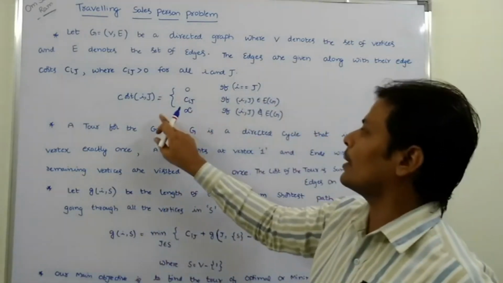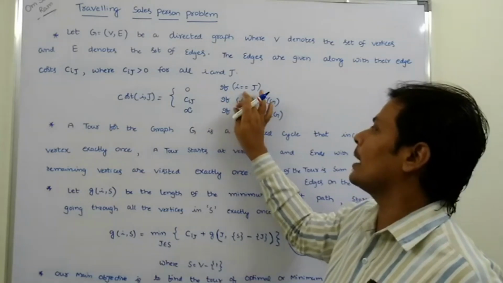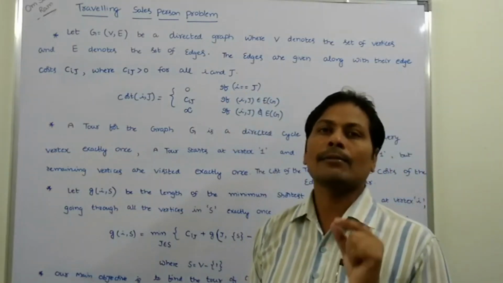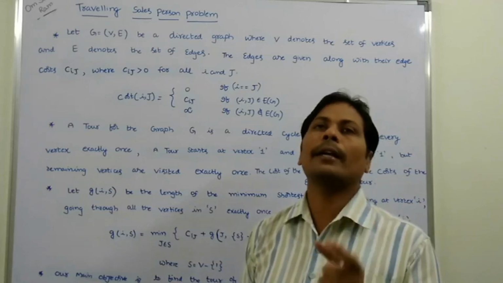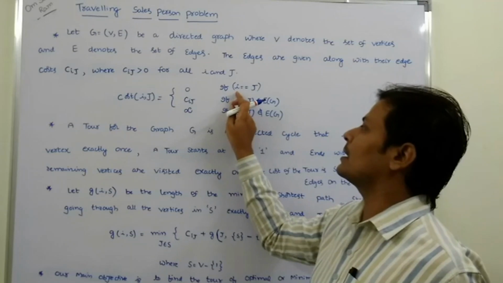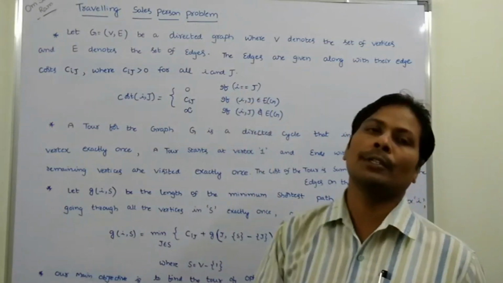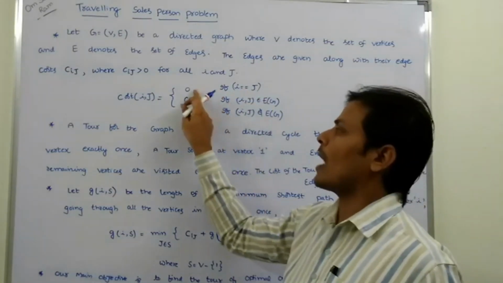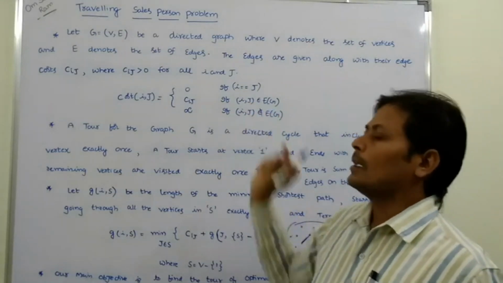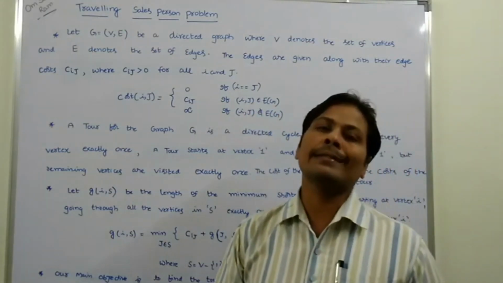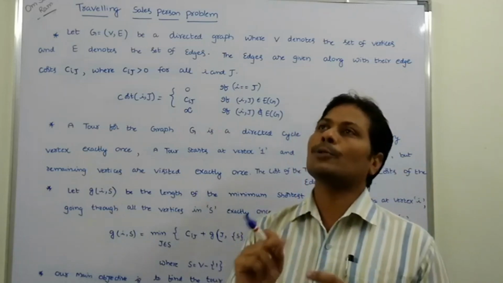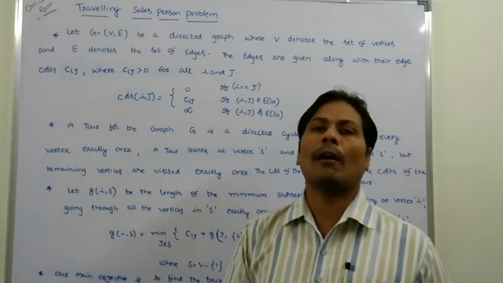So these are the three rules. If i equals j, any self loop is there, the starting vertex of the edge and ending vertex of the edge both are the same, it can be represented as i equal to j. So its cost value is equal to 0. Next, if (i, j) is a direct edge, so it belongs to the edge set of the given graph.